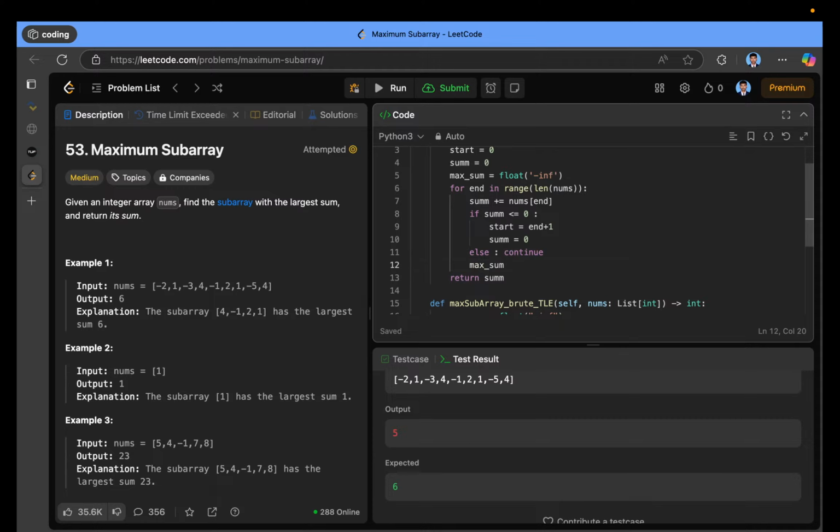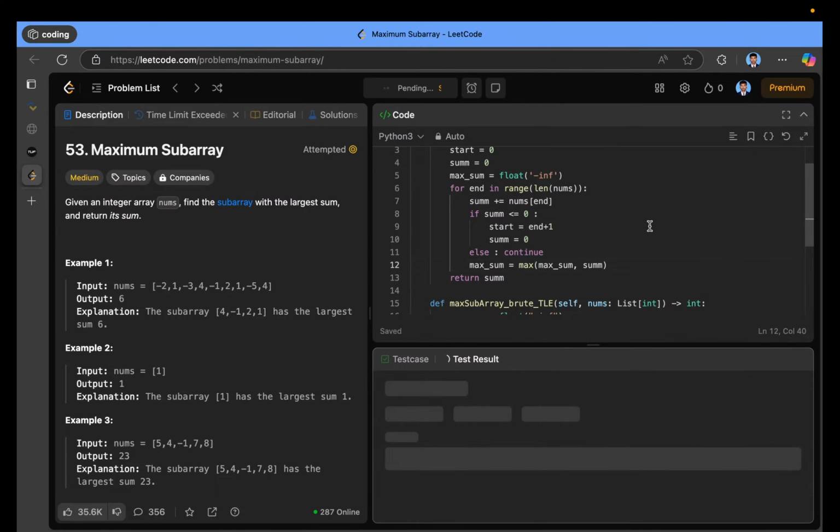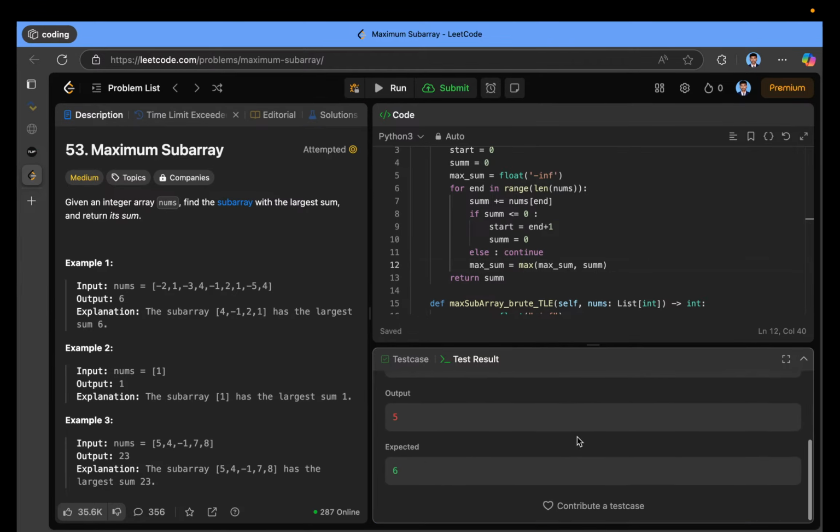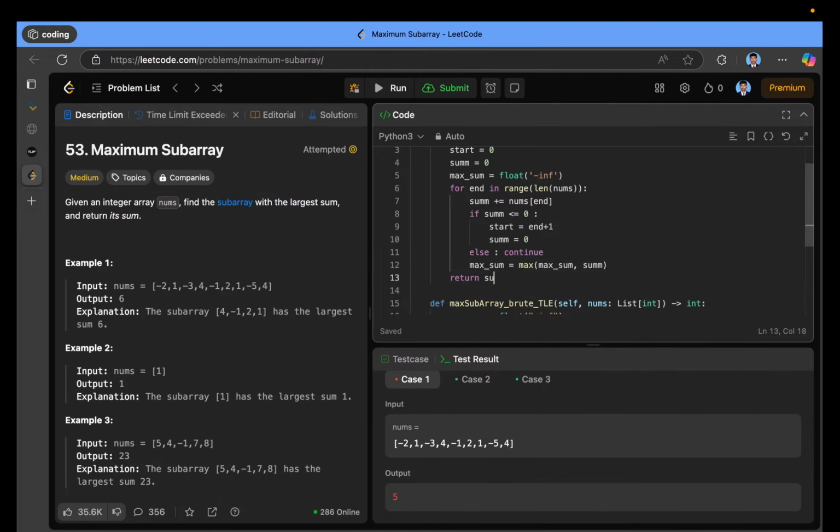Max sum is equal to max of maxsum or whatever the sum is. So in this whole process, we didn't use the start, I think. And still it is wrong. Oh, okay. I'm not returning the max.